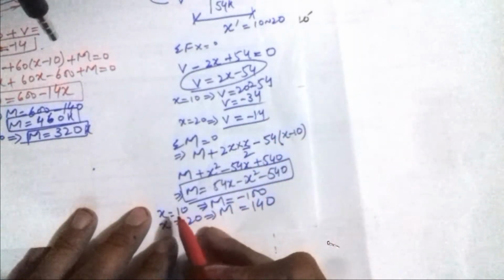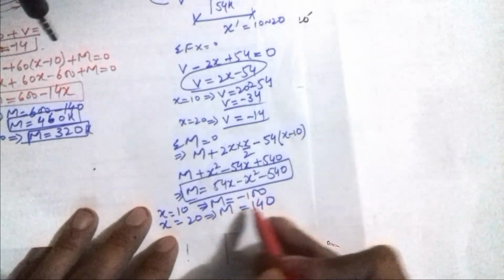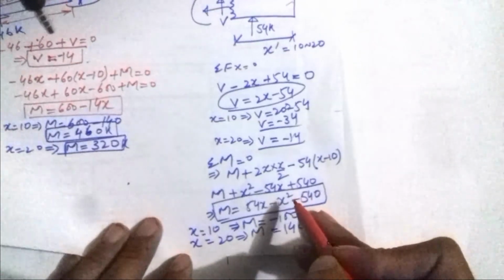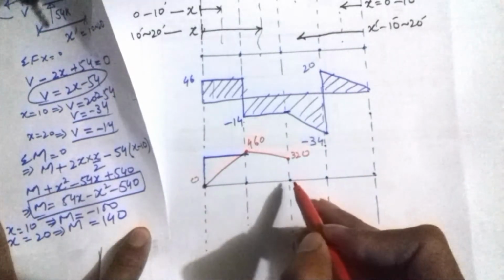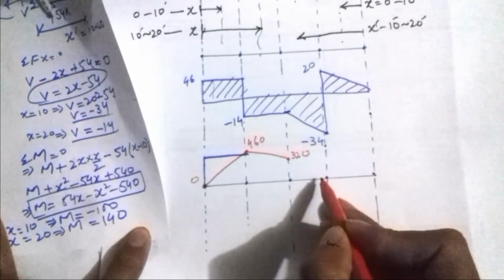And in the fourth section, we see that the bending moment is minus 100 and 140. So that means we have to move downward. This is when x is 0 to 10 and 10 to 20.